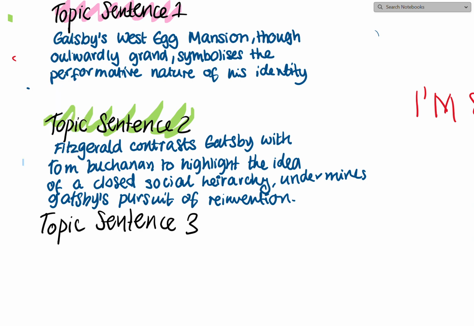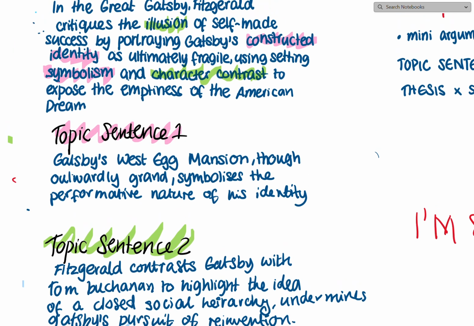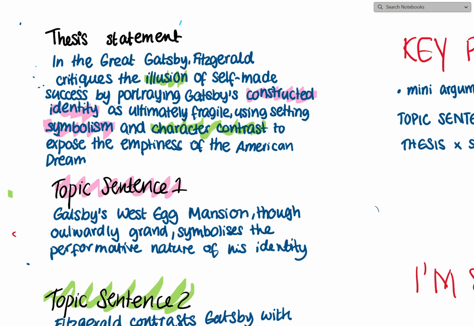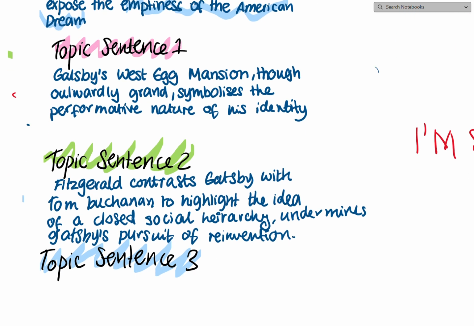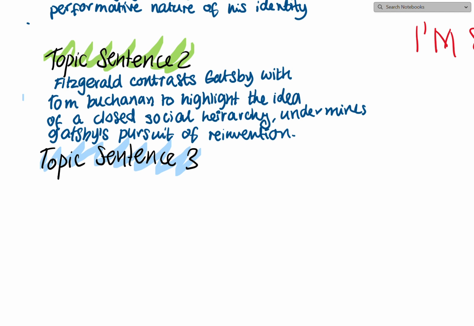Okay, so now for topic sentence 3, we could talk about symbolism again. No, we haven't talked about symbolism yet. And we could talk about the emptiness of the American dream, which is the third part of our thesis. Okay.